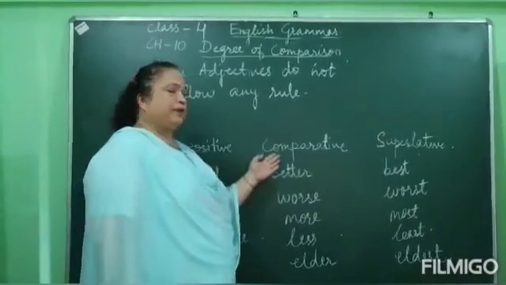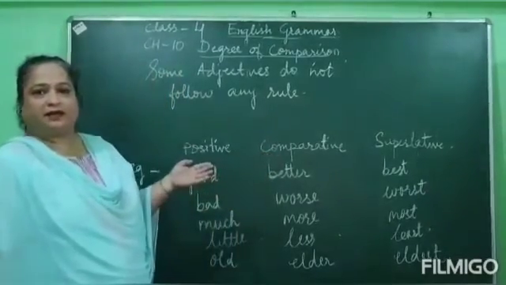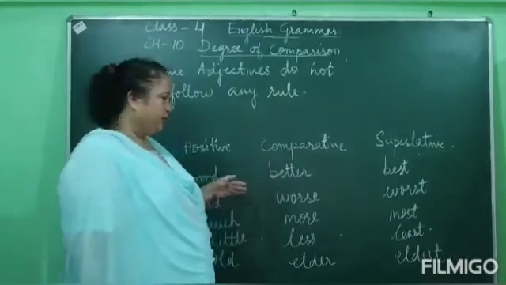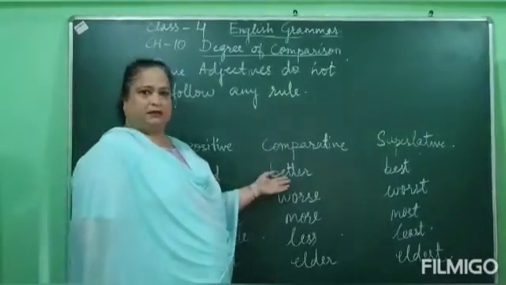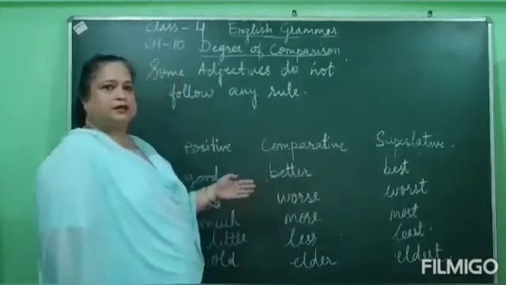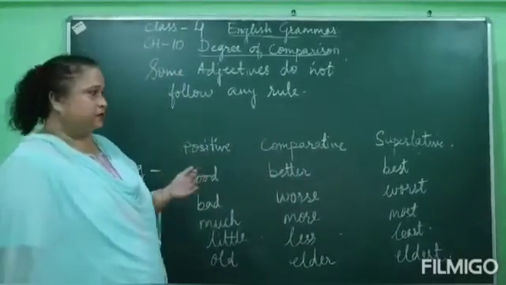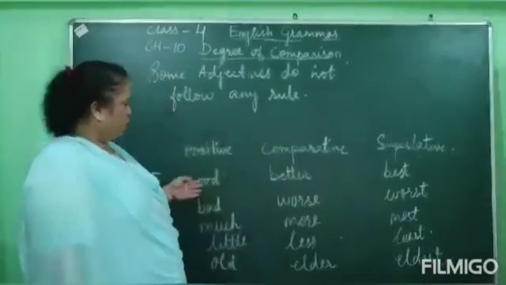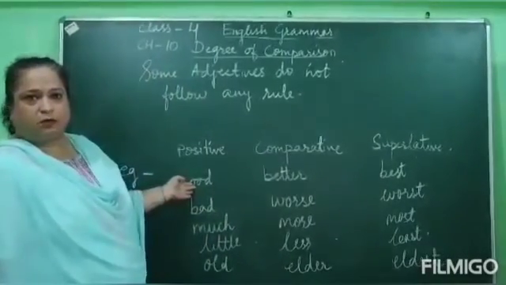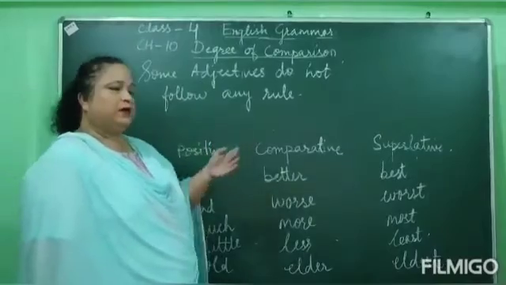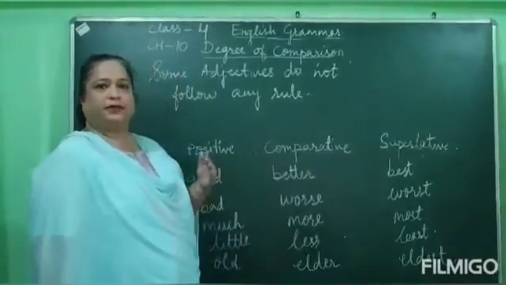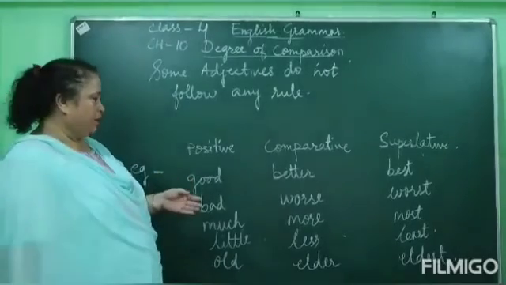But when we want the comparative form of this, we don't write Raj is gooder or Raj is more good. We use the word better. That means Mohan is better than Raj. Likewise, when we go to the superlative form, we do not write goodest. We form a new word, best. Mohan is the best of all.